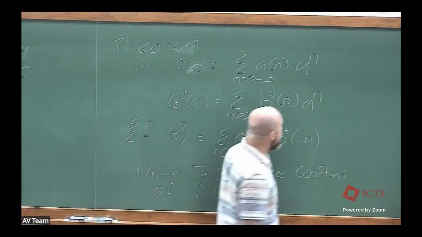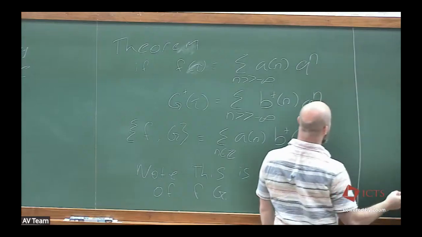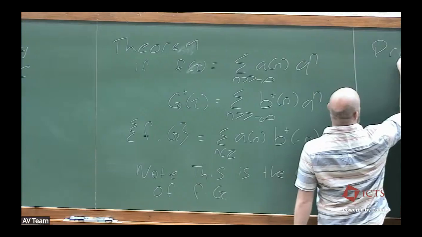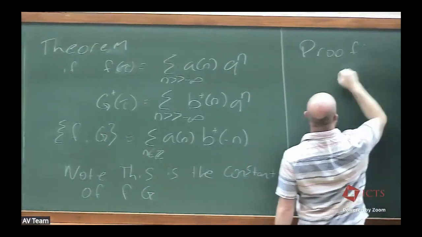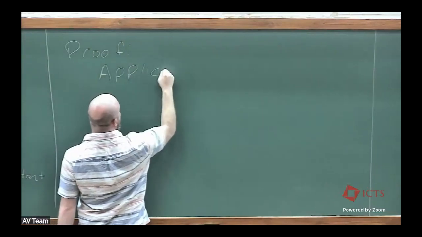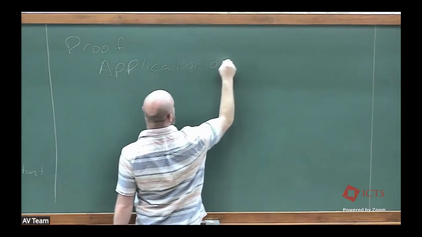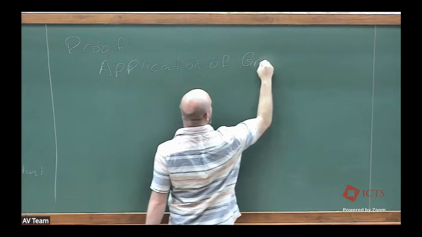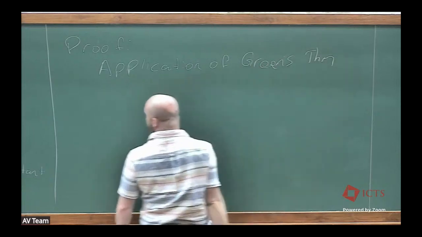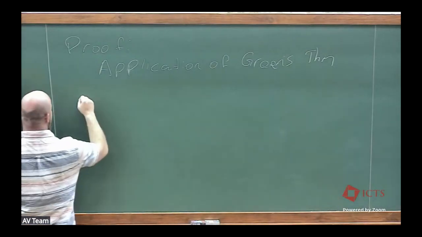Now I'm not going to go through the full proof, but it's a pretty simple application of Green's theorem. And so basically, what is Green's theorem going to do for us?